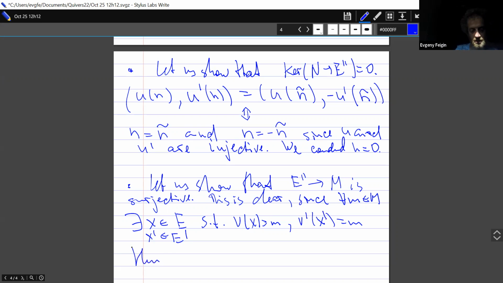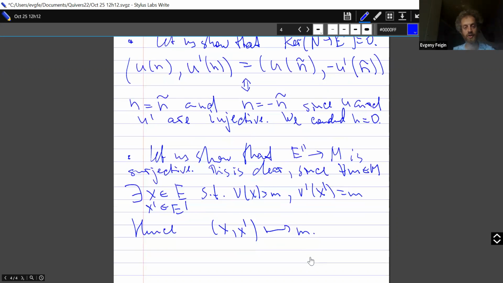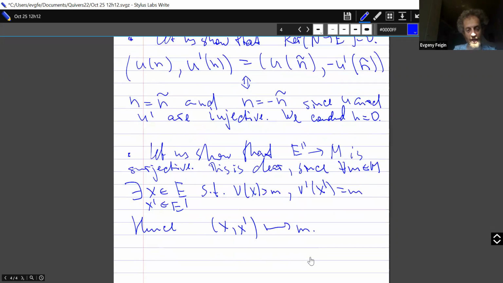And hence, the class of the pair X, X prime maps to it. So this is clear.